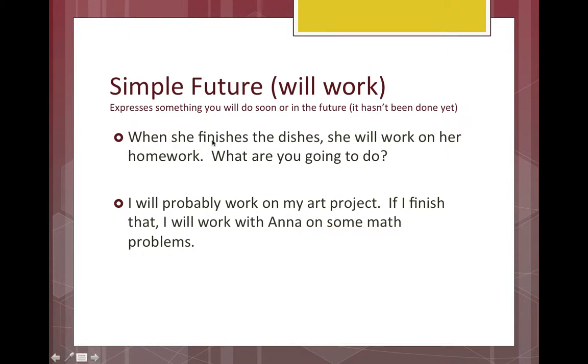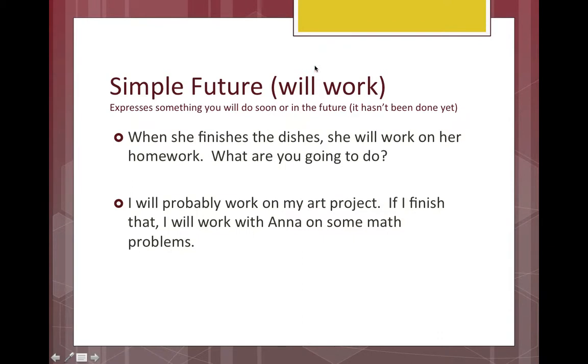When she finishes the dishes, she will work on her homework. What are you going to do? I will probably work, and we just put an adverb in front of work, but I will work, probably work, on my art project. If I finish that, I will work with Anna on some math problems.